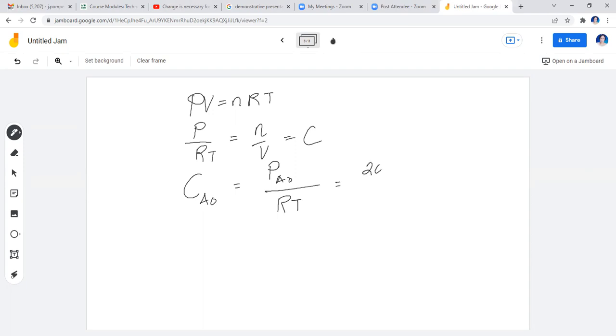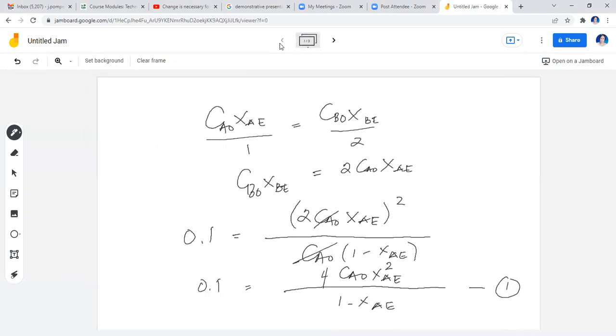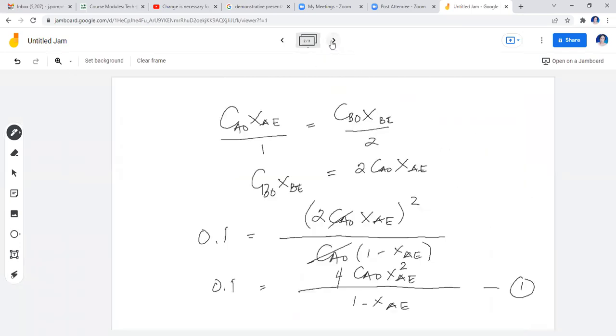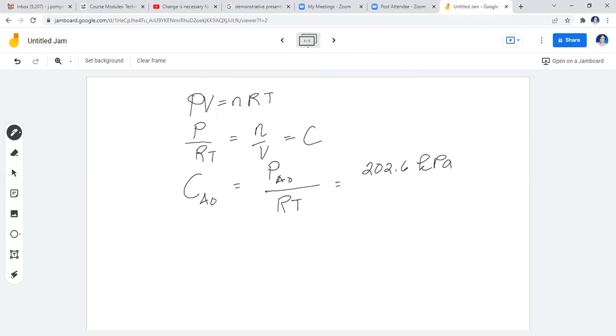So we have 202.6 kilopascal, and we have 340 Kelvin for the temperature. Now, what should be the appropriate R that I will use here, since I have Kelvin and Pascal for my temperature?